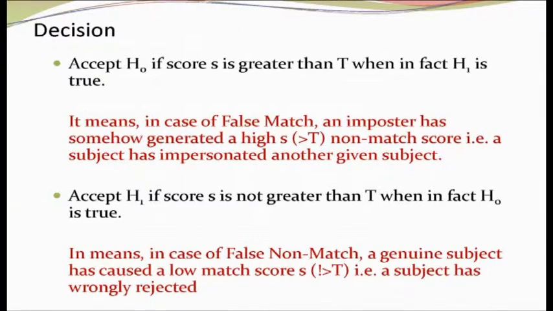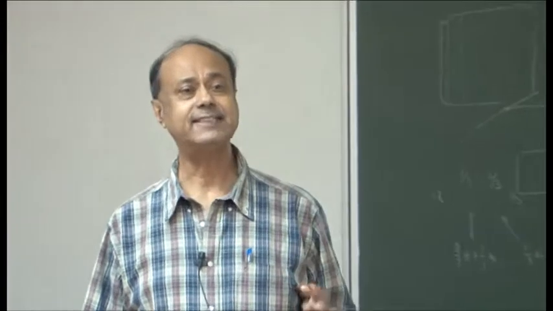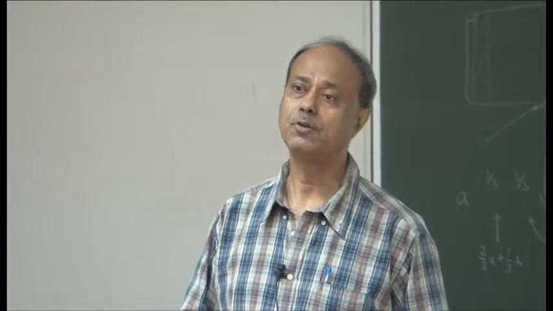What does it mean in the case of a false match? An imposter has come with some idea and given it to you, and accidentally the matching score has gone up.